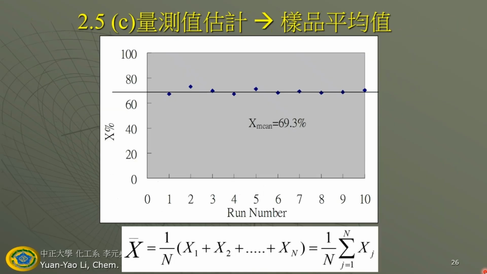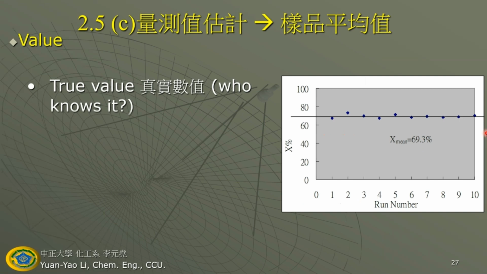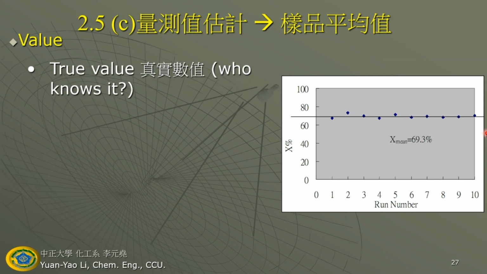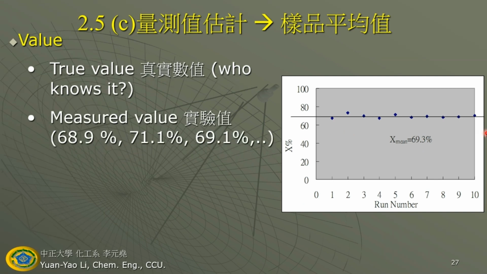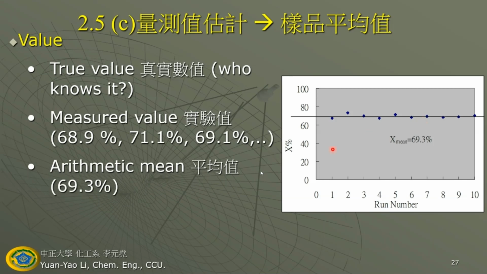So the first point is you do the averaging. And the answer you got is 69.3%. True value, nobody knows. But we can express this as the measured value. The third number you can get is the arithmetic mean, which is 69.3.